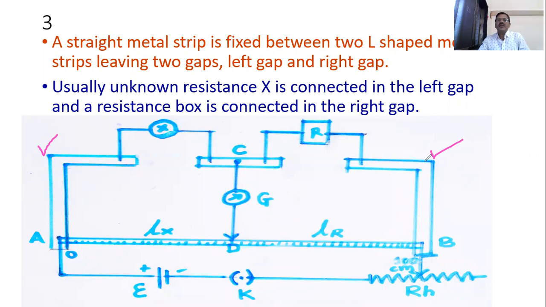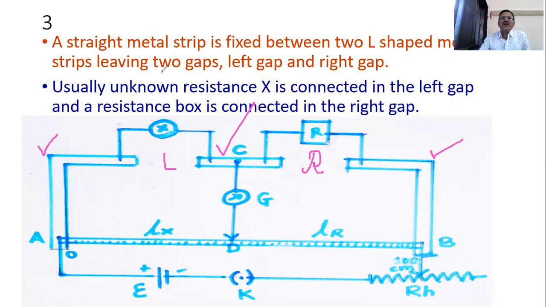Between these two, this is a straight metal strip, fixed on the board leaving two gaps. This is one gap, called the left gap. This is the other gap, called the right gap.